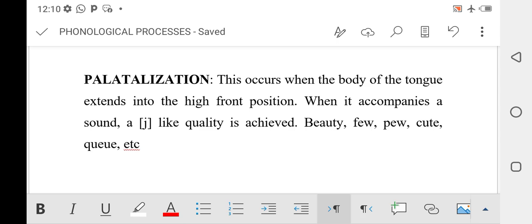In palatalization, we are looking at the hard palate. Okay, when the body of the tongue extends and looks like it is touching the hard palate in the production of a phoneme that usually is not articulated in such manner, we say that such phoneme has become palatalized.